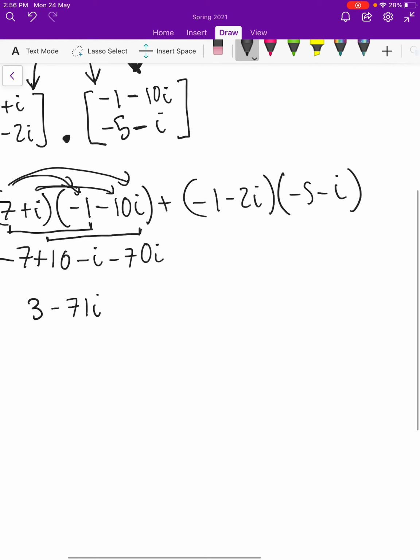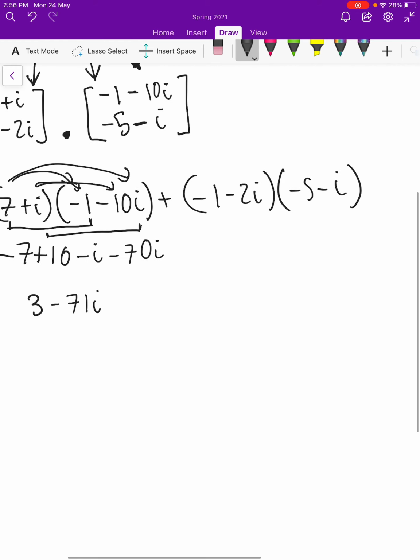It's looking good. And the second side is 5 minus 2. Remember that this is going to come out to 2i squared, which is minus 2. And then it's going to be plus 10i and plus i.